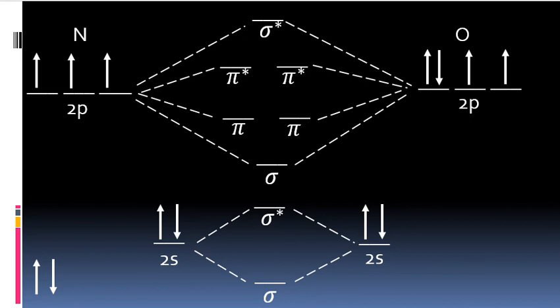You will notice that in the case of dinitrogen, we had all these bonding orbitals filled and none of these additional anti-bonding orbitals. Here we have one more electron, so you're going to see that go into one of these pi star orbitals. So you're not going to get a nice neat number of 1, 2, or 3 for the bond order. You're going to expect to see something between those whole numbers.